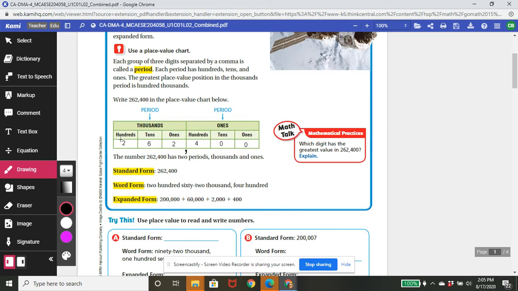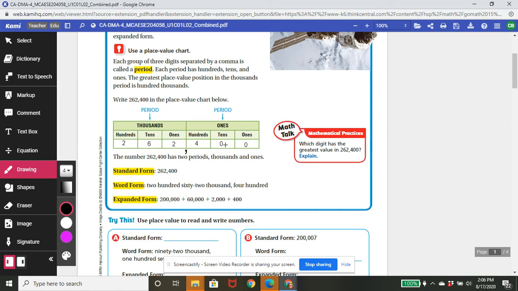So I'm going to write it out 200, comma, 000, 200,000. Then I'll go to my next column, 60, comma, 000, and write it as 60,000. I go to my next column, 2, comma, 000. I would write it as 2,000. My next column has a 4 in it, and the rest I would write as 00 and write 400.